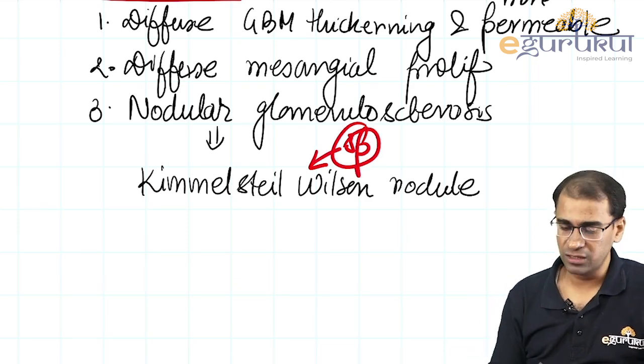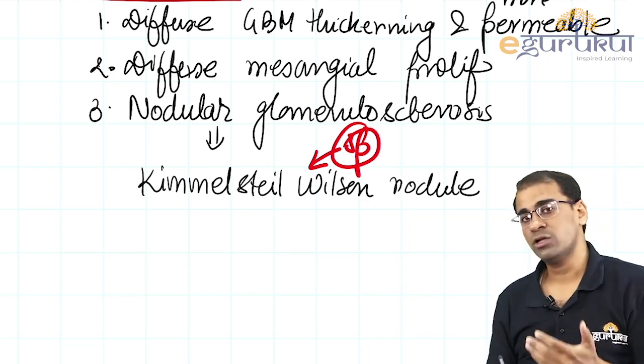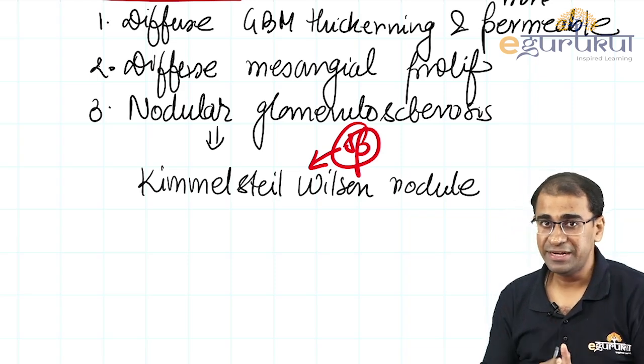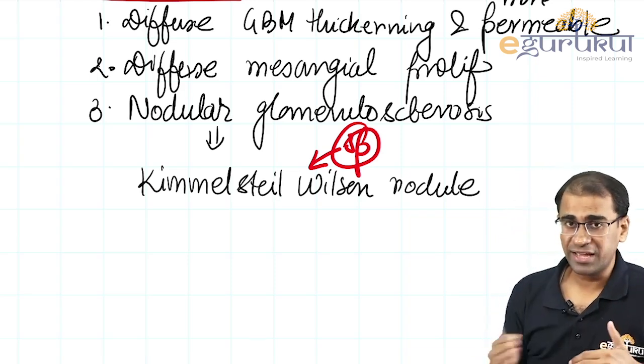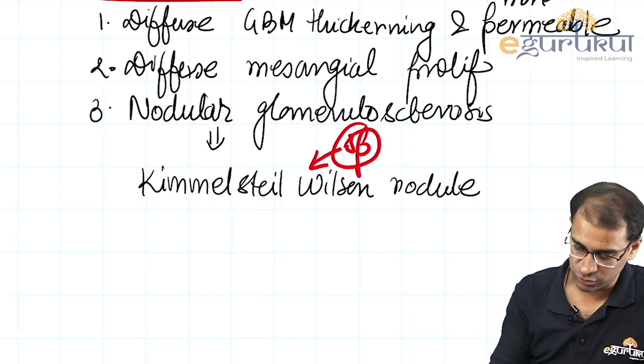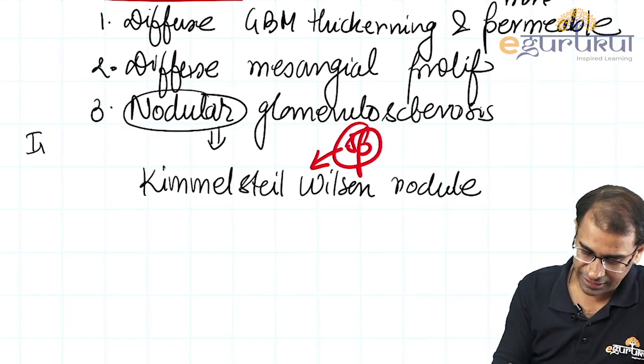Some textbooks also describe this nodule as lying between the capillaries, and hence the name intercapillary glomerulosclerosis.